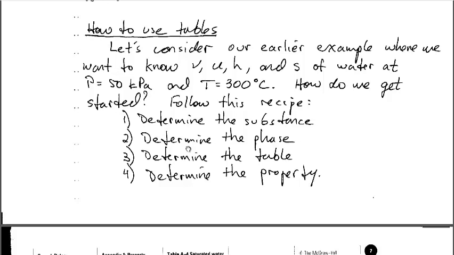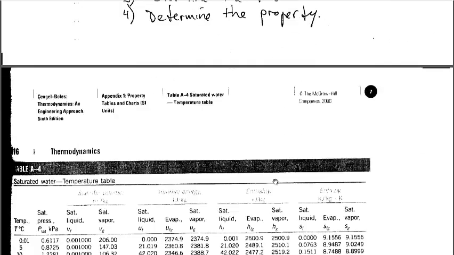You can solve all of that by determining the phase of the substance, and I'll show you how you do that as part of this example. Once you know the phase, then knowing the table to use is really straightforward. So that's step number three. And then once you determine the table, you can just determine the property. You can just look up the property in the table.